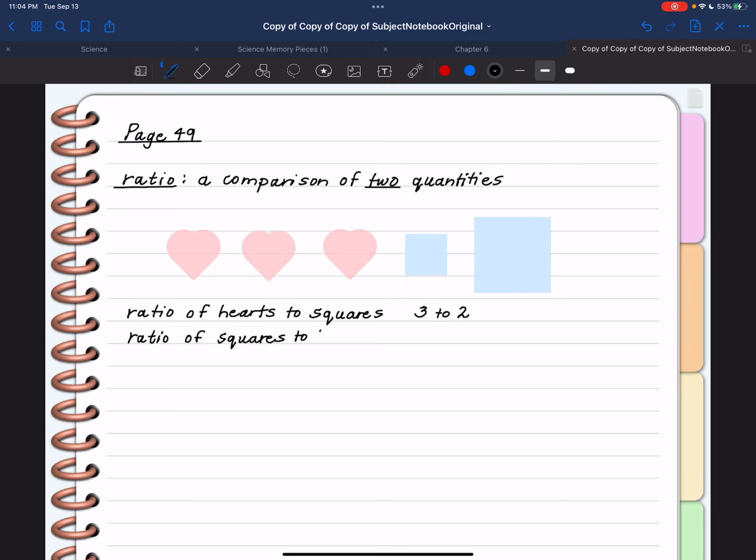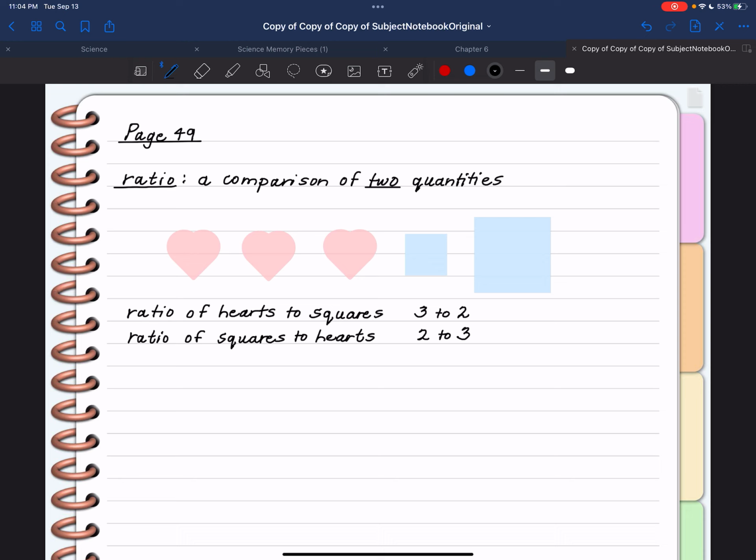And you can copy this with me, or you can just print this, however you want to do it. Ratio of squares to hearts would be 2 squares to 3 hearts. So you see that the order is very important. The way that I'm asking the question is incredibly important.